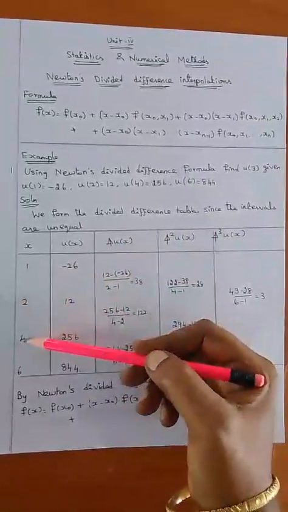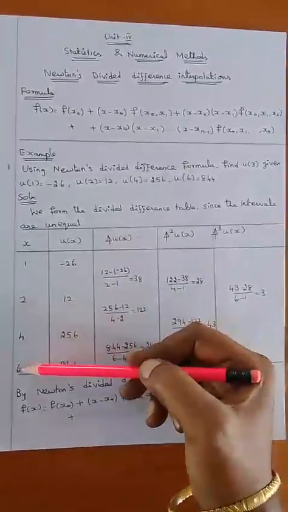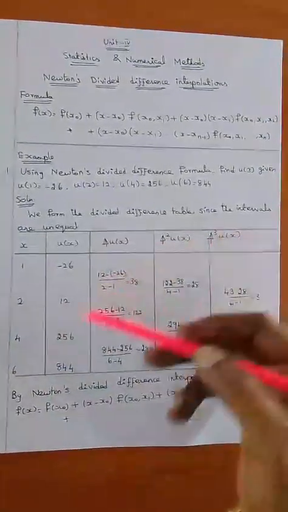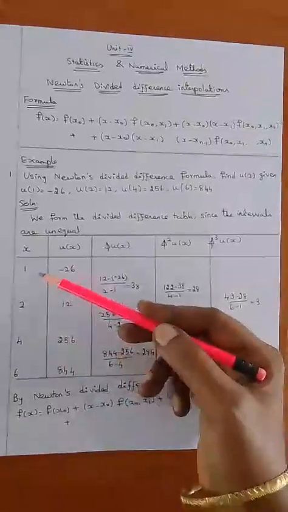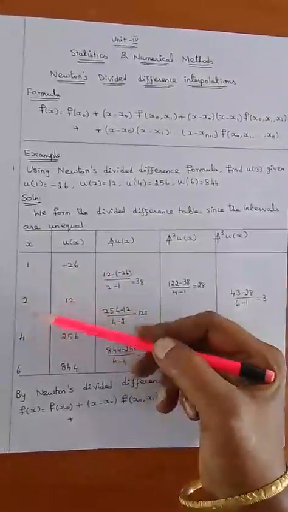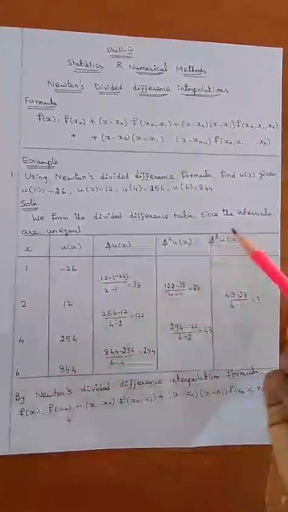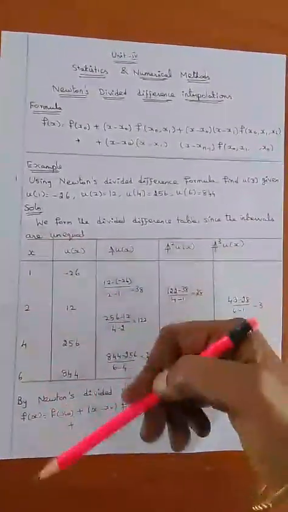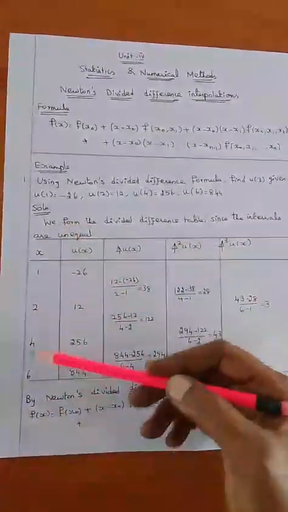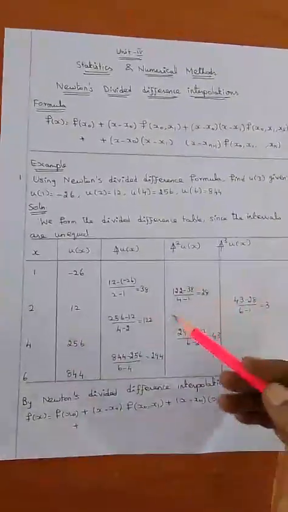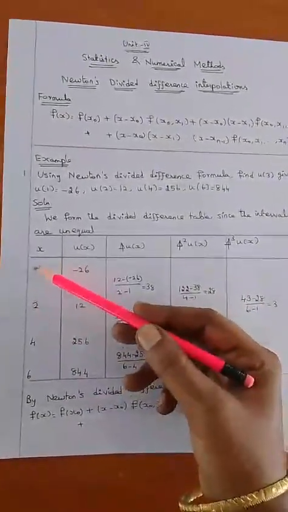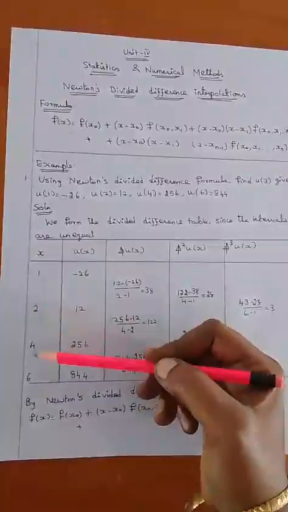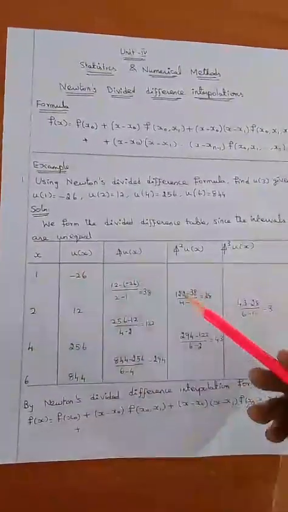So 1 minus 4, and then 2 minus 6. If it is cube, we have to skip 2 terms, so 1 minus 6. So we subtract from here to there: 6 minus 1, and here we take the first term, skip this term, and take this one, so 4 minus 1. This is for the square term.